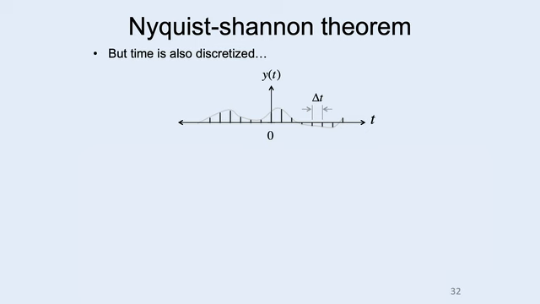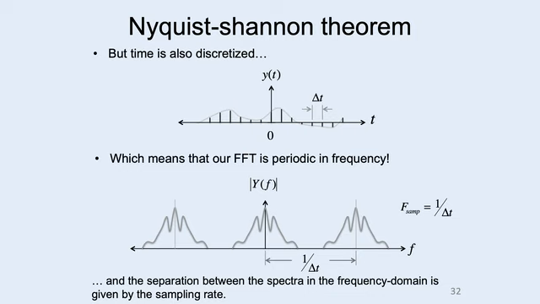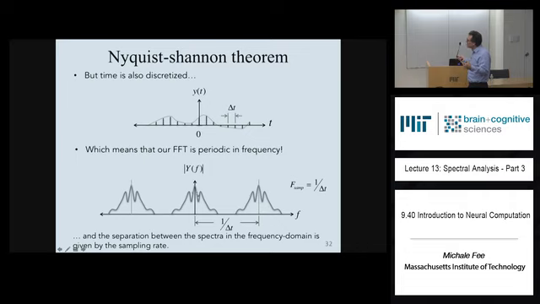Now, when you discretize the signal in time, you've taken samples of that signal separated by delta t. What does that tell you about the spectrum? When we pass the FFT algorithm a signal that's discretized in time, it passes us back this thing here, with the positive frequencies in the first half of the vector and the negative frequencies in the second half.